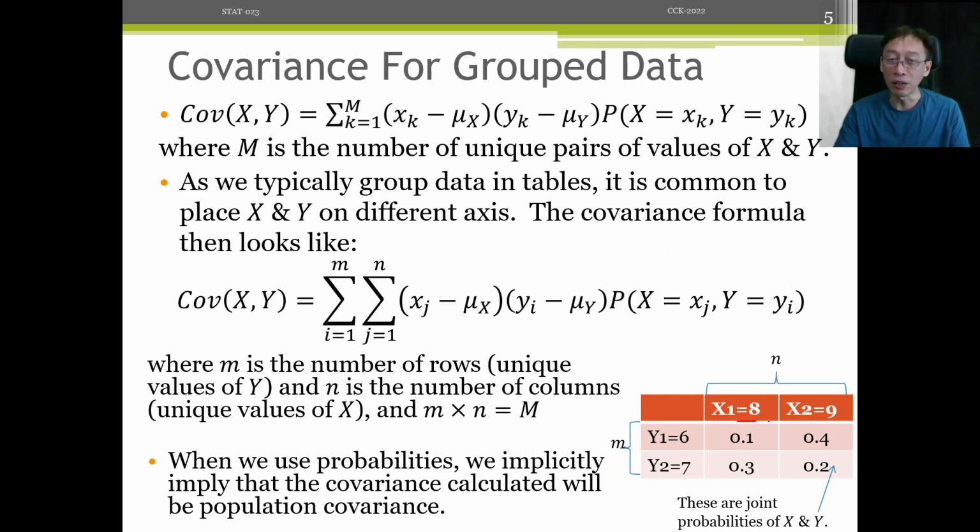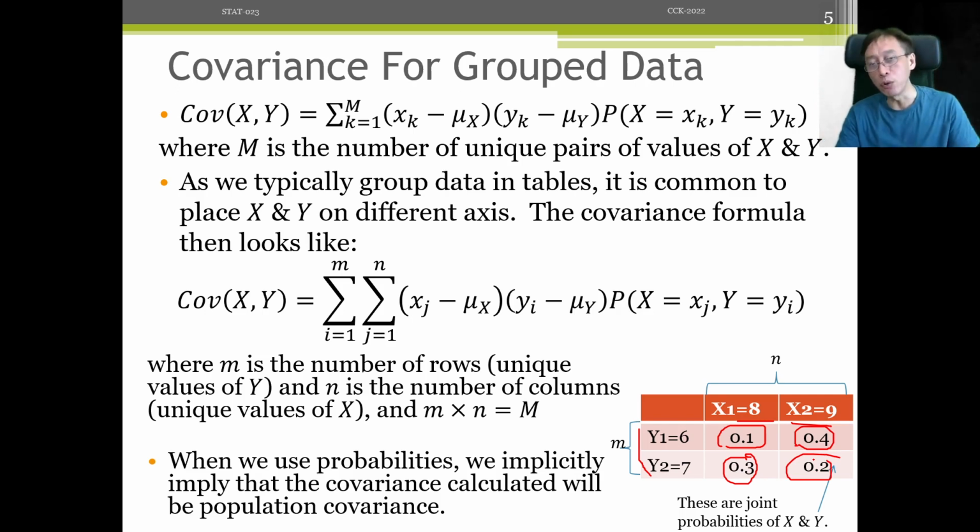So it'll be unique values of x in either the rows or columns, and unique values of y in the opposite axis. All right, and then the proportion, percentage, or probability as they call it, will be given in the boxes. Of course, they will add up to 100% or 1. And that is to show the distribution of it.